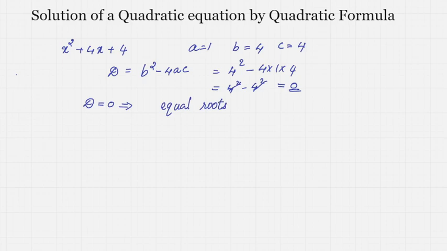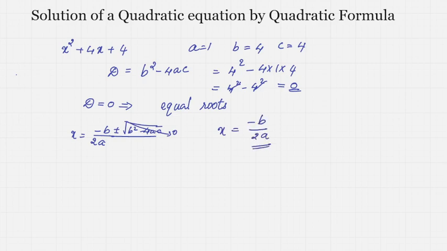So what is the root according to the equation? Our formula is x is equal to minus b plus or minus root over b square minus 4ac divided by 2a. Now this part fully goes to 0, right? So we have x is equal to minus b by 2a.